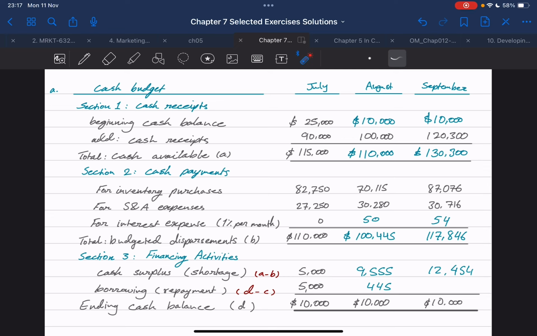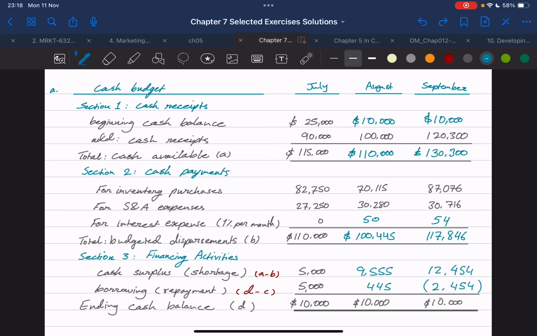Okay, and that amount that we can use to repay some of our debt is the amount that is over the $10,000 that we want. So here we have 12,454. We can sacrifice these 2,454 to repay some of our debt. So I'm going to say 2,454. I'll put it in brackets because notice how we have the repayments in brackets.